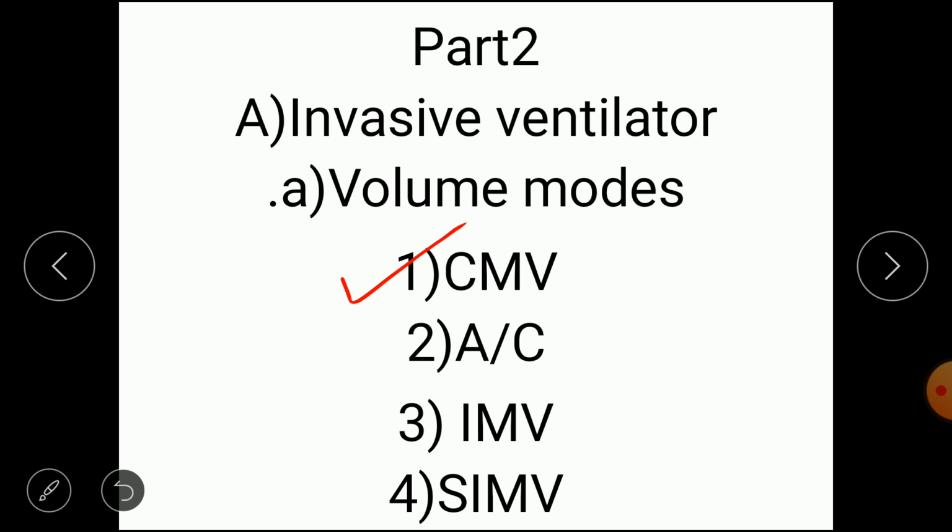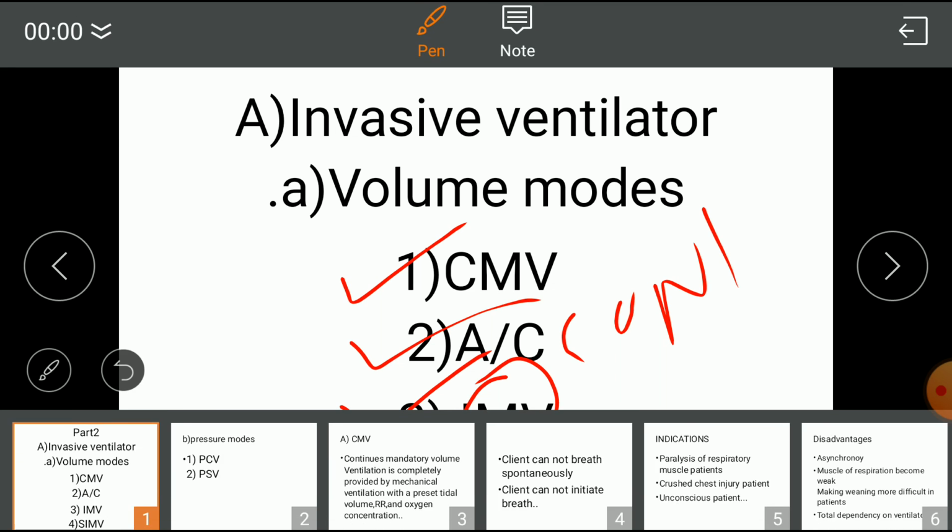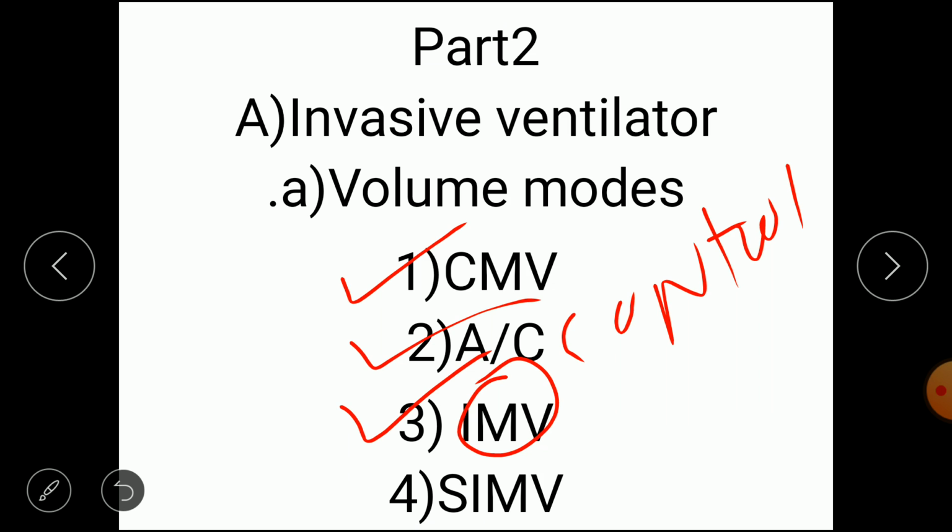Okay, then AC mode, that is assist control mode. Then IMV, that is intermittent mandatory ventilation. Mandatory means control. Then we talk about the SIMV mode, that is synchronized intermittent mandatory ventilation.